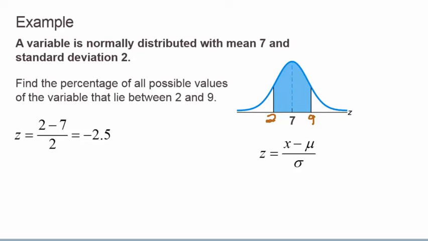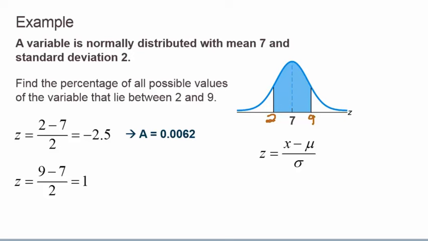Using the standard normal distribution table, I find that a z-score of negative 2.5 has an area of 0.0062. Next, I'm going to find a z-score using 9 for x. 9 minus 7 divided by 2 equals 1.